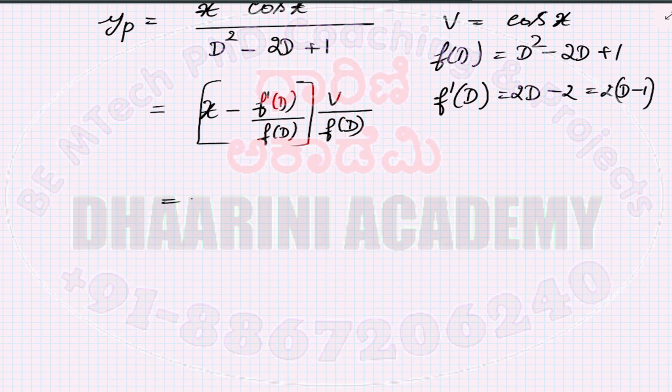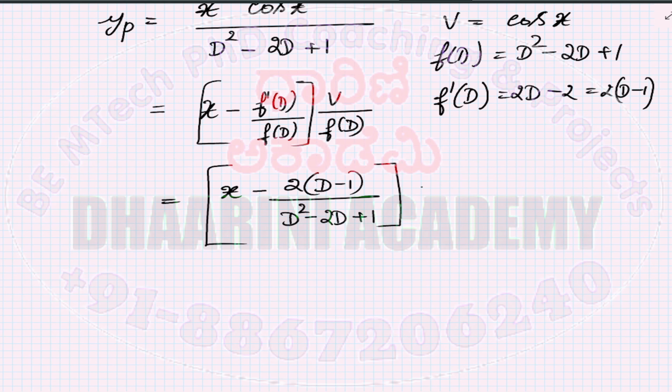This is equal to x minus f dash of D, which is 2 times D minus 1, divided by f of D, which is D square minus 2D plus 1, into the V, that is cos x, divided by, this is D square minus 2D plus 1.